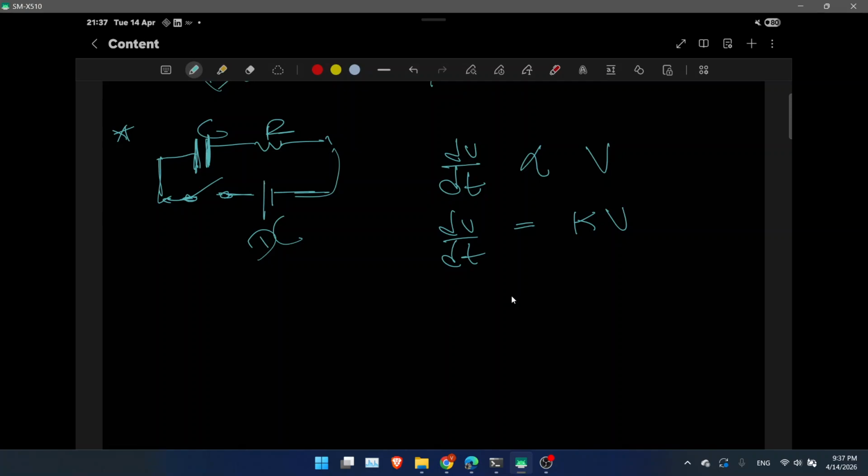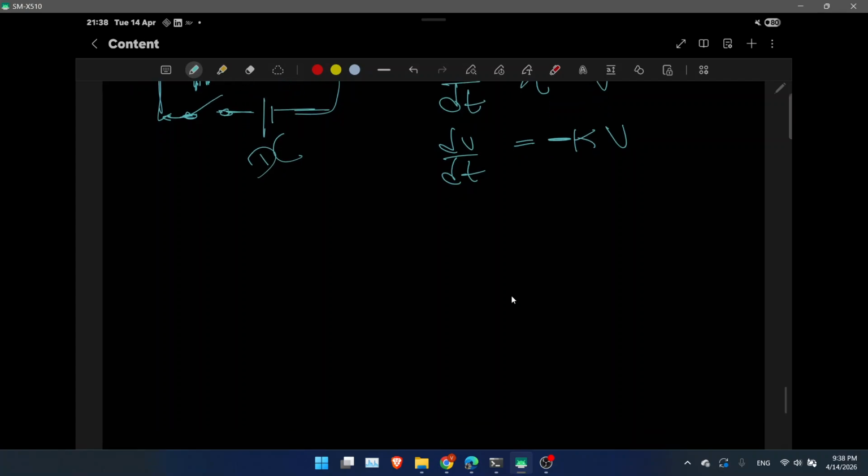Before putting this minus constant here, you should do an experiment and find that there are no other variables affecting this dV/dt. In the real situation there is nothing else, only the initial voltage. You get this equation. Since this is decreasing, you should put the minus sign in front of this k.